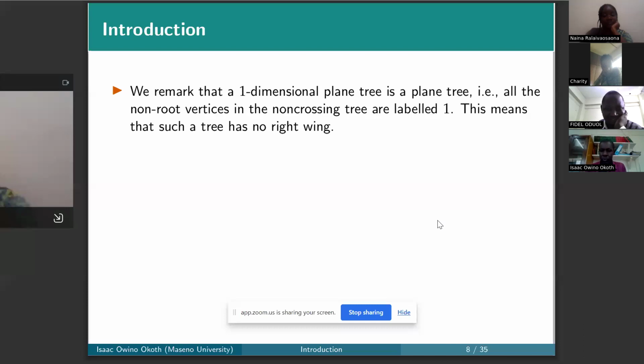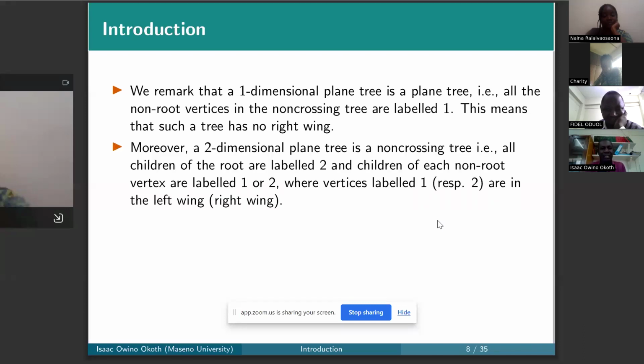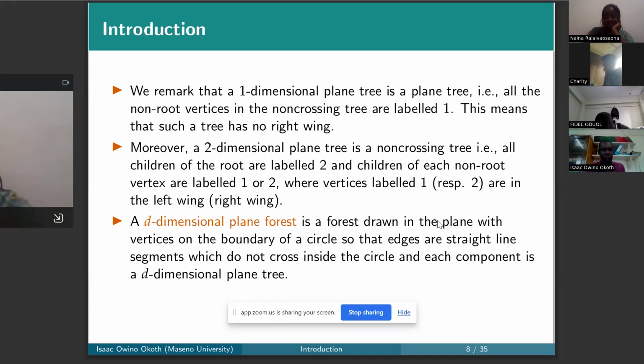And the two-dimensional plane trees are just the ordinary non-crossing trees, because all the children of the root are labeled 2, and the children of the non-root vertices are labeled 1 or 2, such that vertices labeled 1 are considered to be in the left wing, and the ones labeled 2 are in the right wing. Then we also define a d-dimensional plane forest.